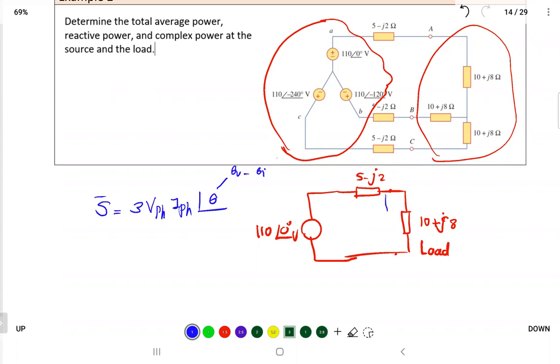That's the voltage across the load in phase, because that's the neutral, and the current is the same current, because they are in series, that's I phase. Minus, that's 8 plus j8, and that's 5 minus j2.